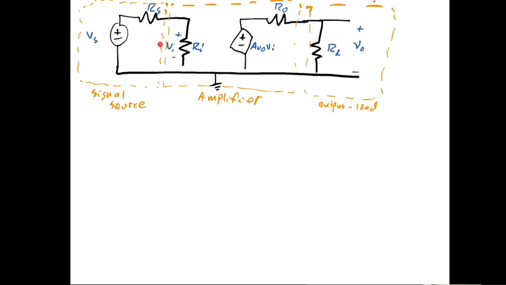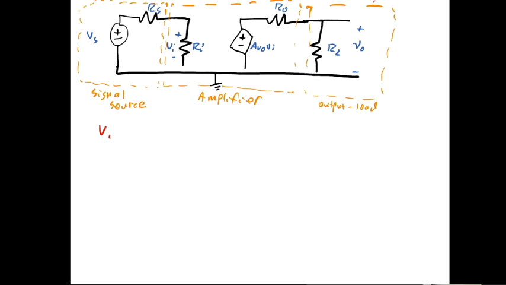First, we can find what Vi is, and that's just a divider. And then once we know that, we can also find what V out is, and that's just a divider from this amplifier, so this divider right here, and Vi is contained in this amplifier, so then we can substitute this relation in for that. And then we get an equation for V out on the left side with Vs or Vi on the right side.